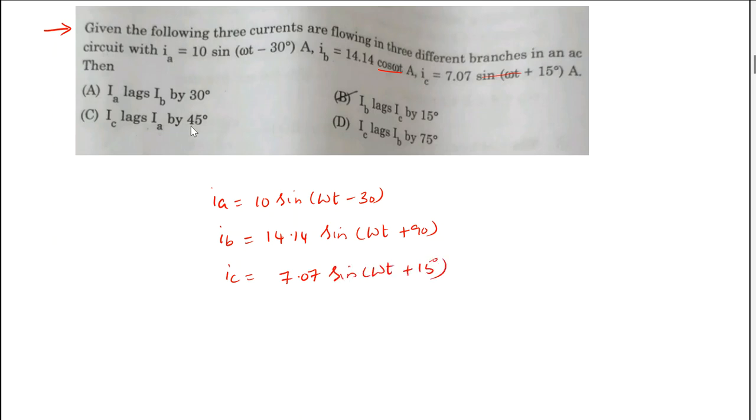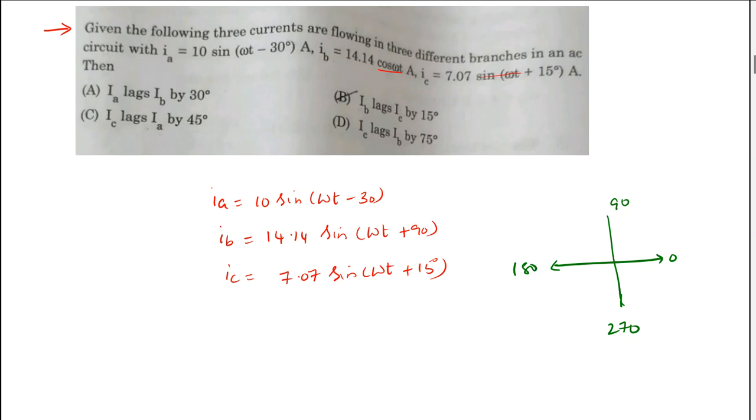I will represent all these currents in a diagram. Let me take the reference here as 0, then 90, 180 and finally 270.